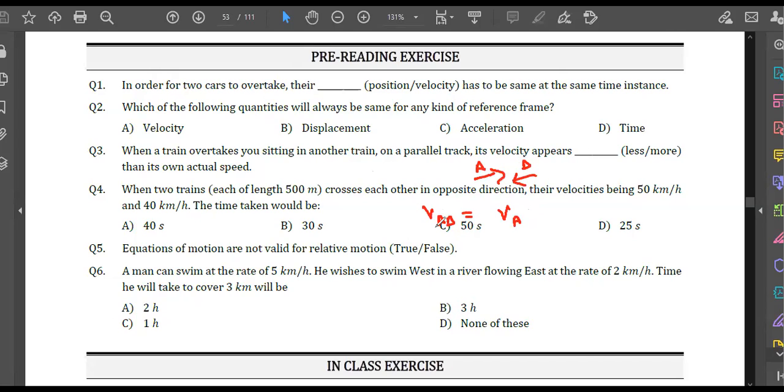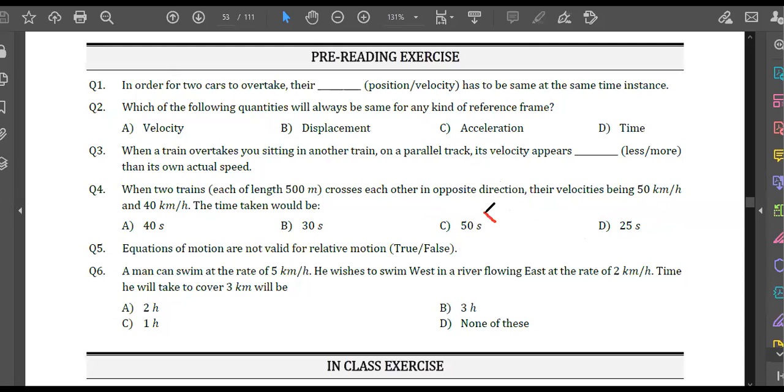So the resultant velocity is 90 kilometer per hour, and total distance is 500 meter, which is half a kilometer, right? So you can just calculate, Navya, because it is moving in opposite direction now.